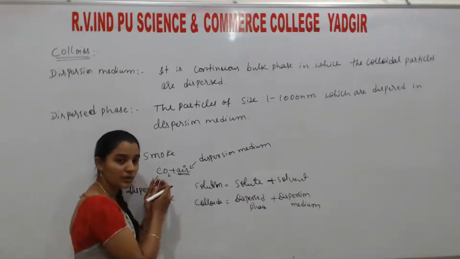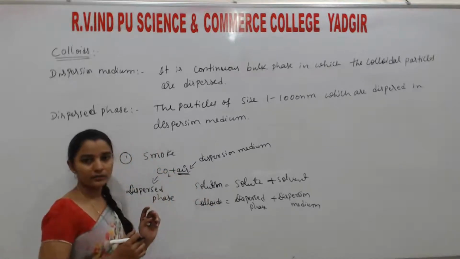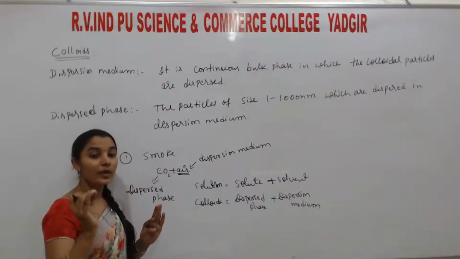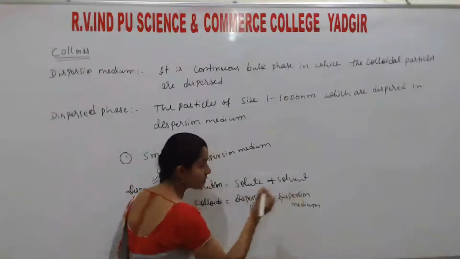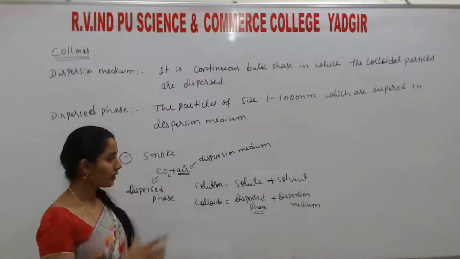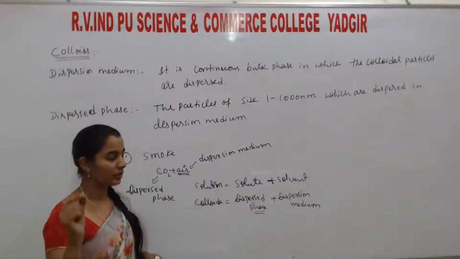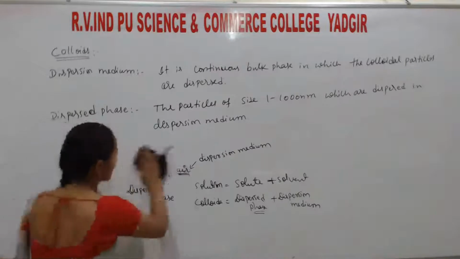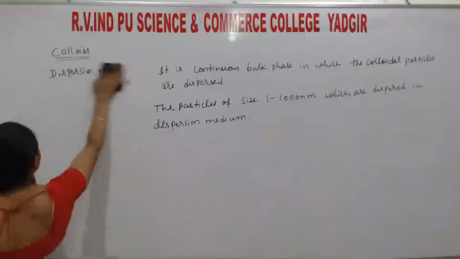These two mixed together form a type of solution, and that solution is called a colloid. Here the dispersion medium is always the solvent, and the dispersed phase is the solute, where the solute particles are distributed. Here we cannot say dissolved, they are distributed. That distribution is called dispersion. Okay, the next one: types of colloids.